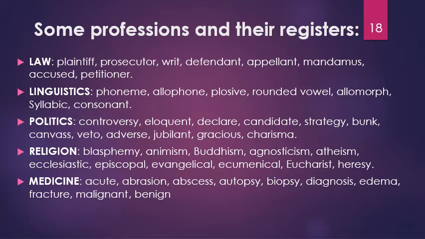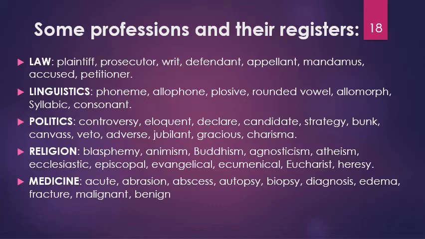All these terms are usually attached to the political register. As I told you, class, they can be found somewhere else, but not as dominant as they appear in the political register. We can also look at religion.